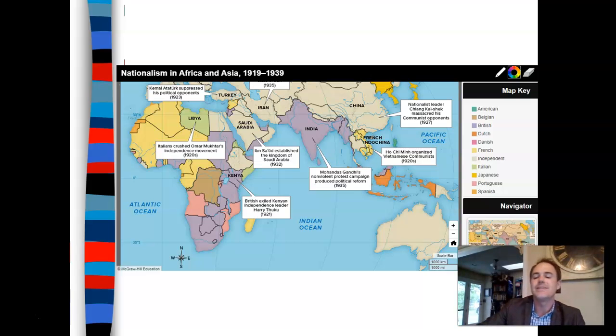We will visit the flowering of those movements in our next unit. But between 1919 and 1939, remember, it is still a European-controlled world of colonies. Most notably, though, who doesn't have colonies in this period? Germany. As a result of the war, they were forced to give up their colonies.